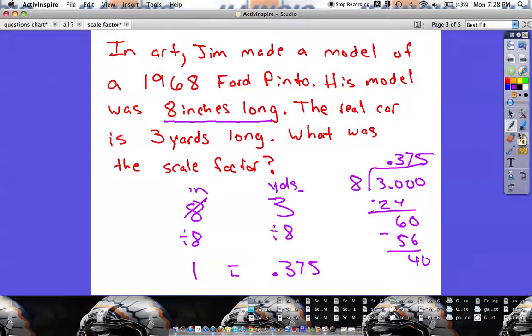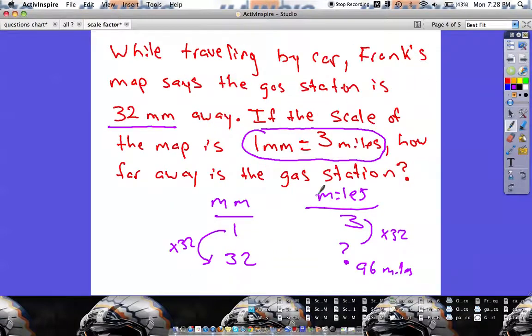They don't give you the scale, but you can use the two numbers they give you. The last problem was another one like the first, where they give you the scale factor and you come up with the actual distance. So those are the two different types you're going to have.